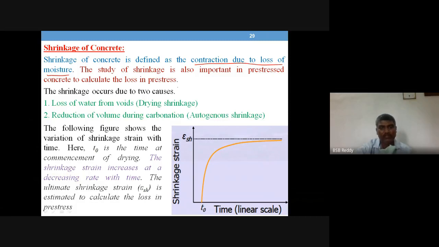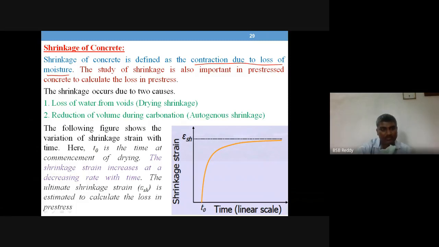As the process of hydration, heat of hydration, goes on, some water will be evaporated, so we lose the moisture. Because of that, we have the shrinkage property of concrete. Some water is utilized for the reaction purpose, and some water will be utilized to fill up the voids.